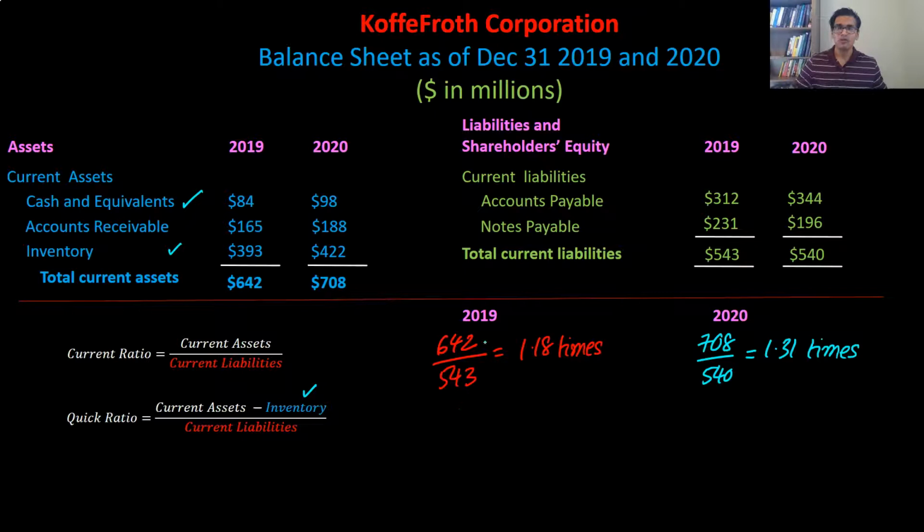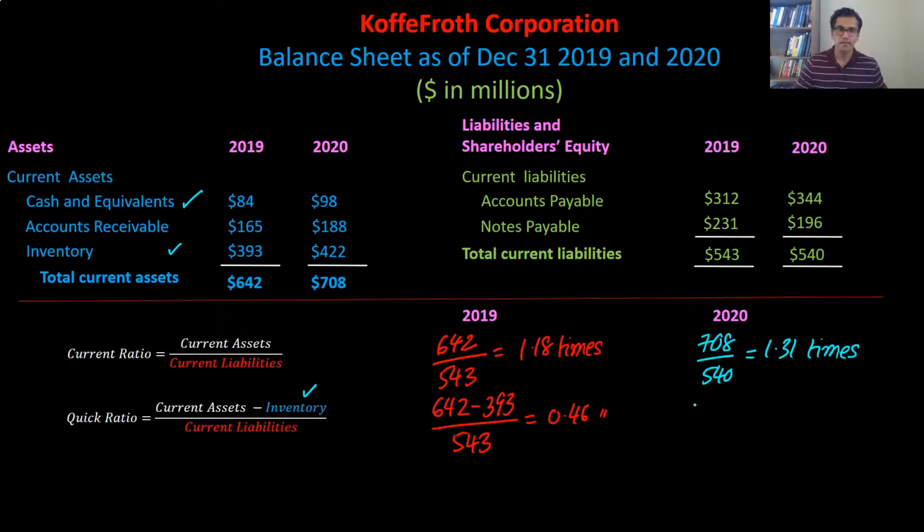Well, you can do the same analysis for 2019 and 20. So for 2019, you'll say 642 is my total current assets. From that, I'll subtract inventory, which is 393, and then I'll look at this number in relation to the 543, which if you do the math comes out to 0.46 times.